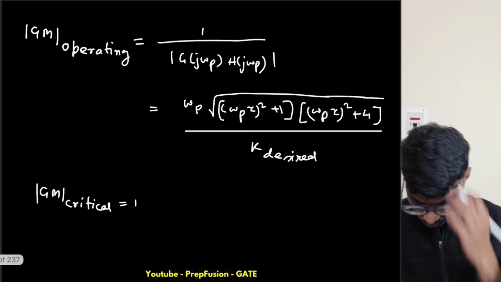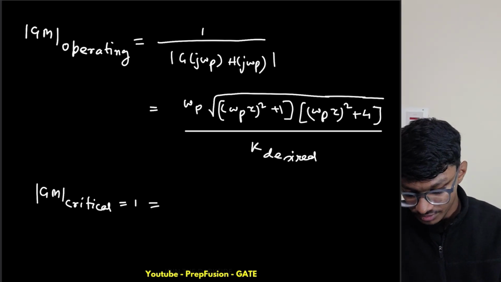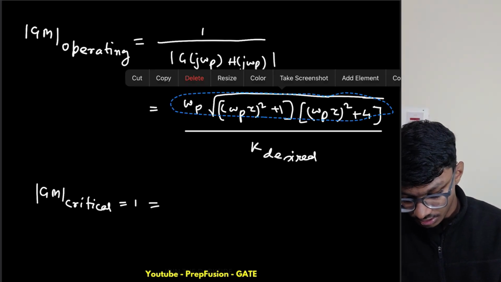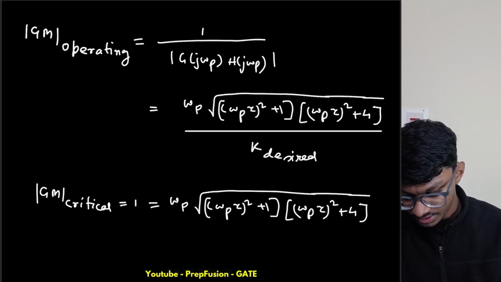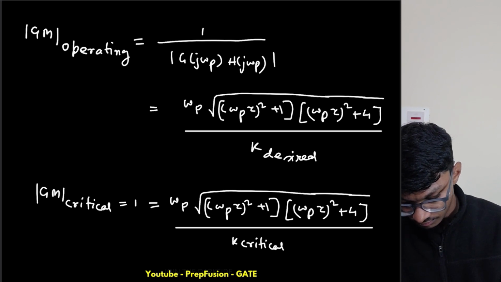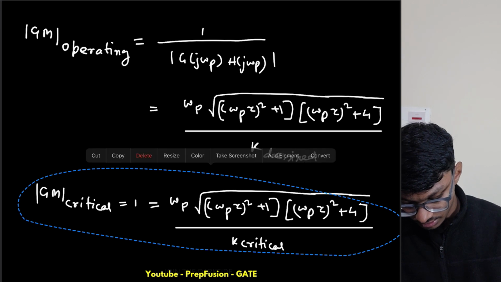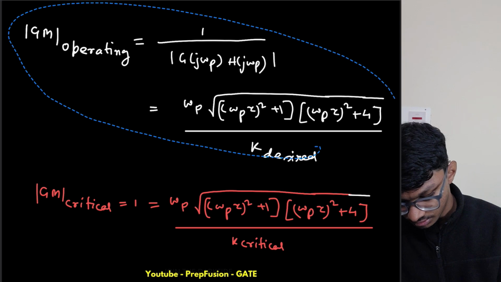The phase crossover frequency isn't changing, so the numerator will be the same, but the denominator will change. This will be k critical this time. I'll mark this one as red and this one as green.